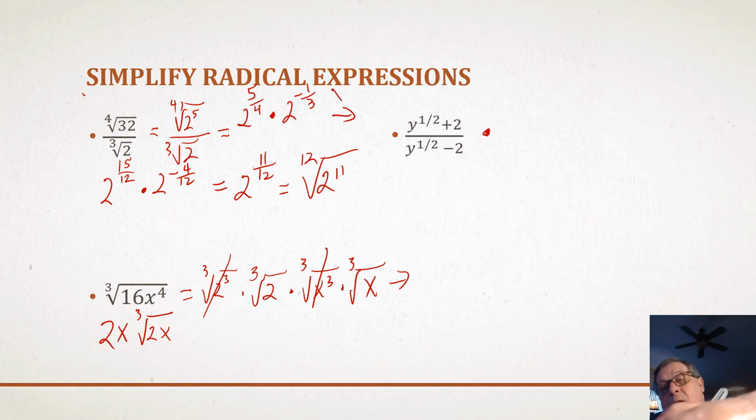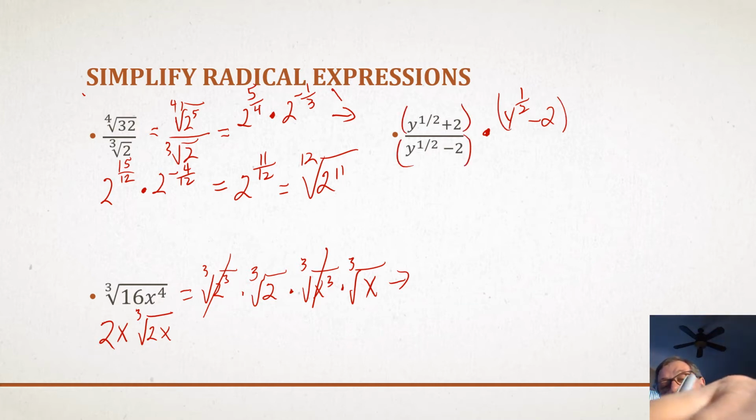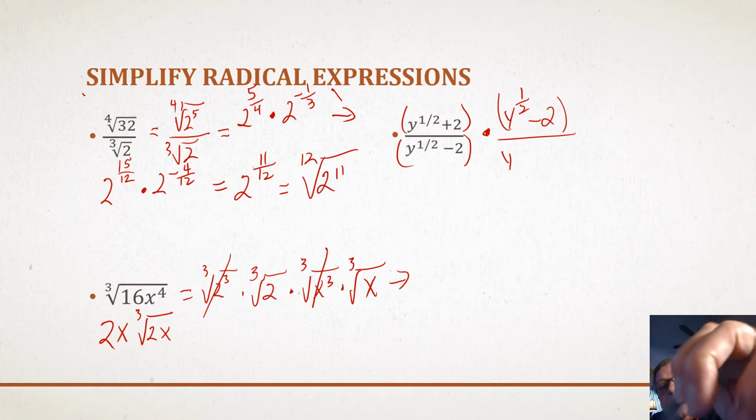So that would give me y to the 1/2 plus 2, and let's put parentheses around all this stuff, times y to the 1/2 minus 2. Excuse me, that's the conjugate.